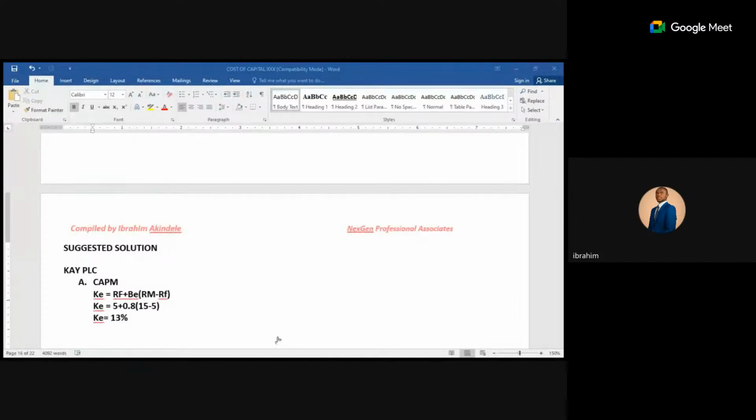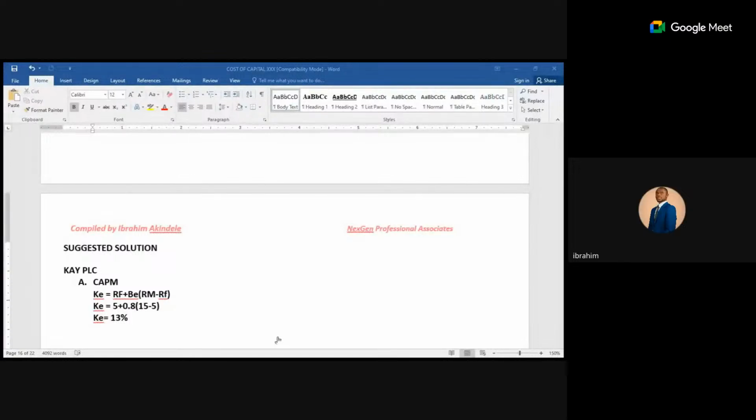Esther, save yourself stress. Forget about the percentage. If you want to calculate the cost of equity, use 5 plus 0.8, not percent, so 0.8.